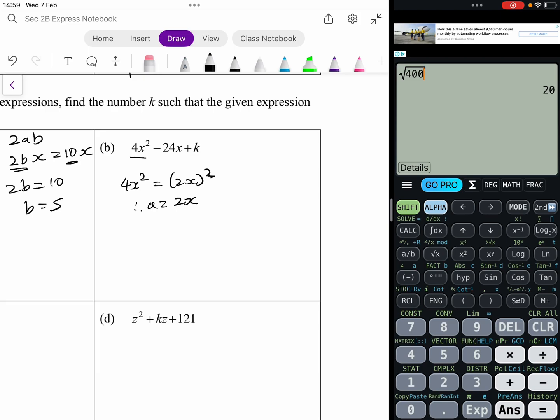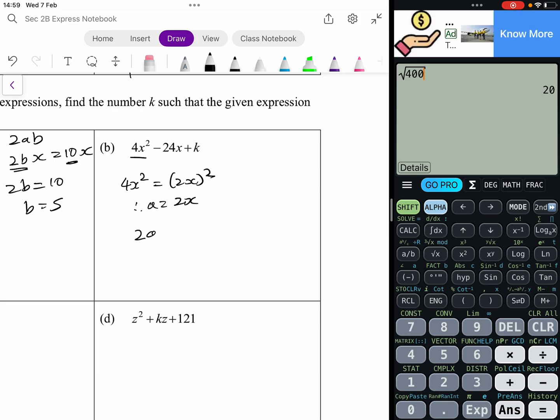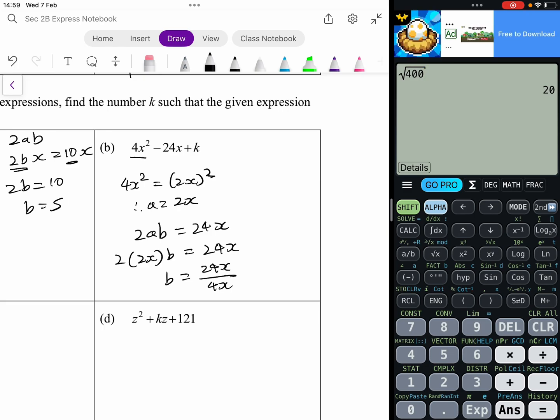So 2ab equals to 24x, which is 2 bracket 2x bracket b, 24x. So b equals to 24x divided by 4x, which is 6. So our k equals to b squared, which is 6 squared, 36.